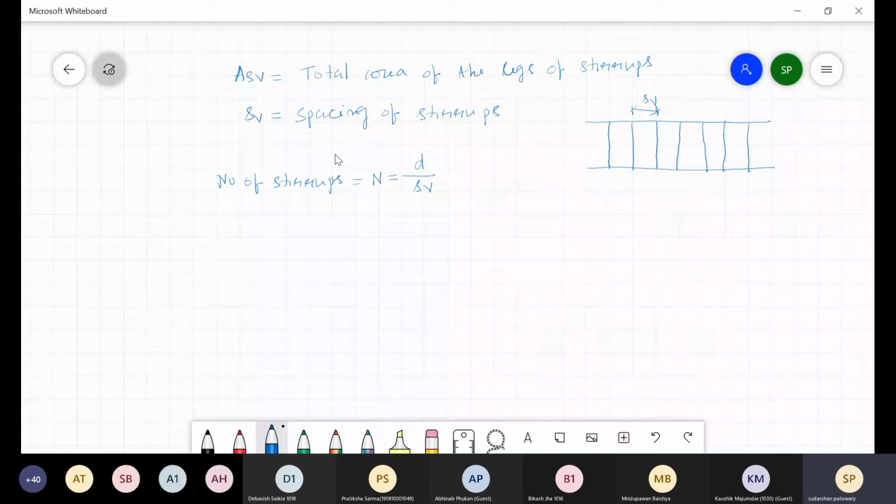And what is d? d is the effective depth of the beam.